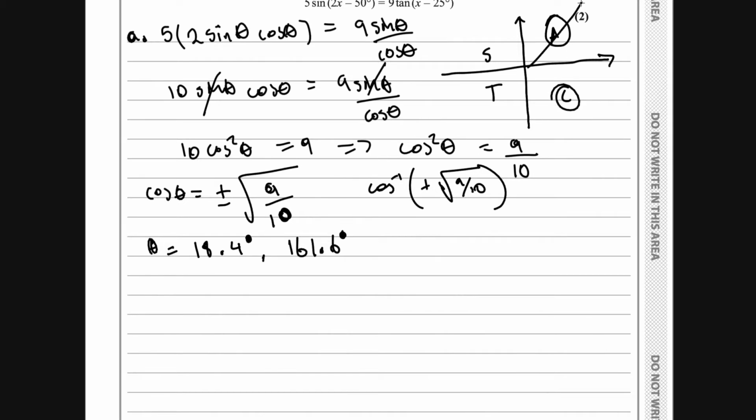So we've got 18.4 here. And the equivalent solution in the negative part, from minus 180 degrees to 0 degrees, is going to be negative 18.4 degrees, okay? Because you're going this way around the CAST diagram, which provides us our negative solutions.